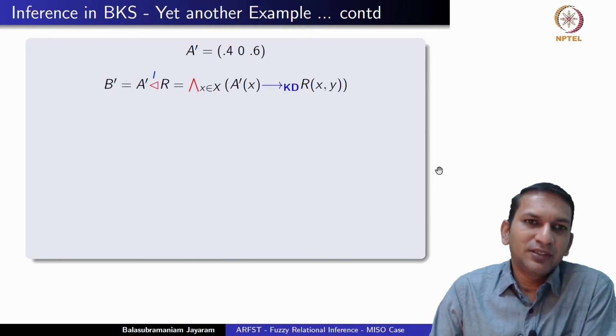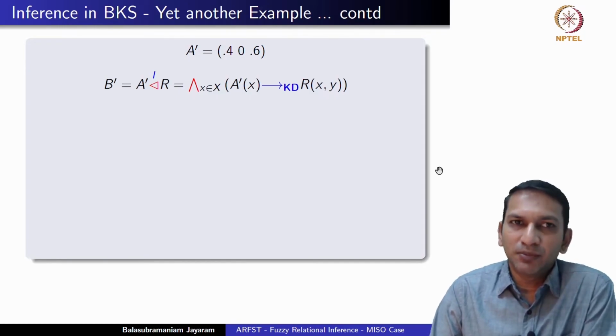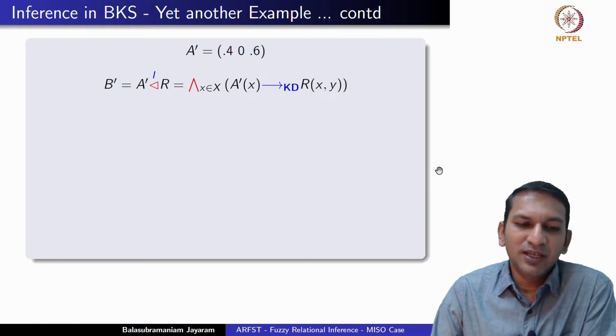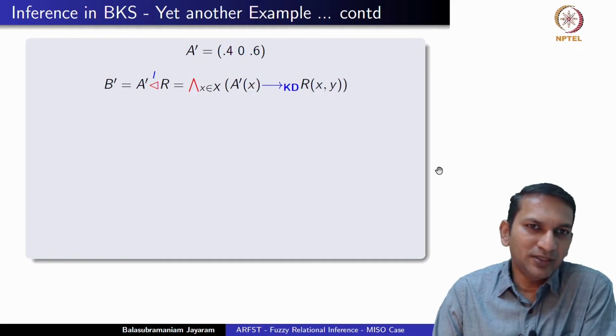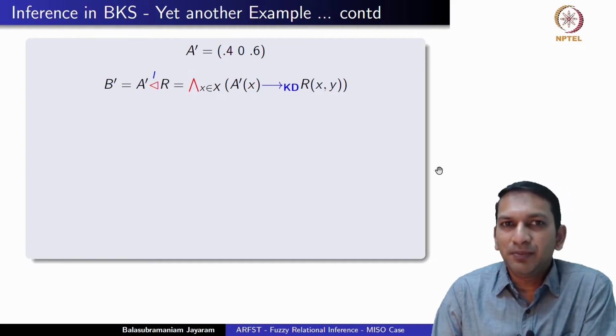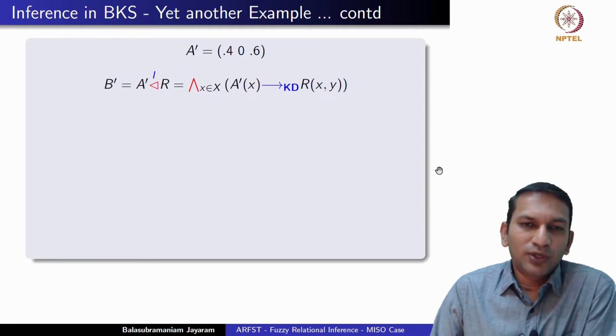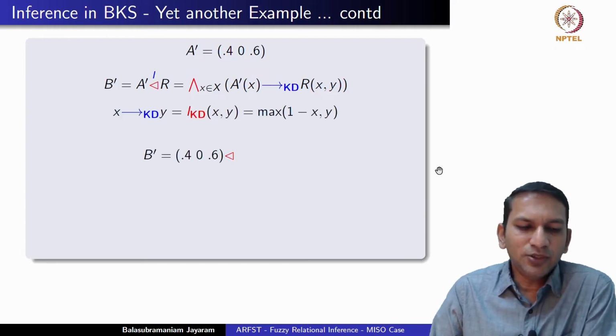Earlier, when we captured the rule using an implication, we used the CRI inference with sup-min composition. In this case, we are capturing the relation also with an implication, and we are applying the BKS, which essentially uses an implication. So to capture the rule, we have used the Gödel implication, and in the inference, we are using the Kleene-Dienes implication. Let's look at what happens here.